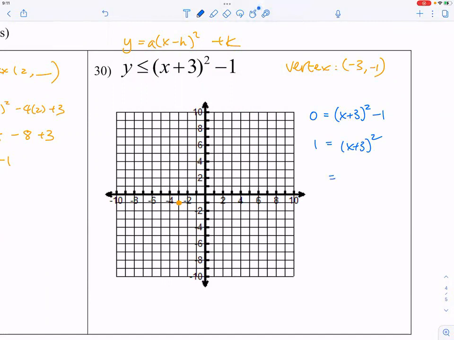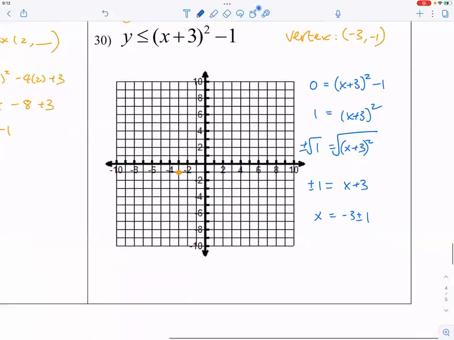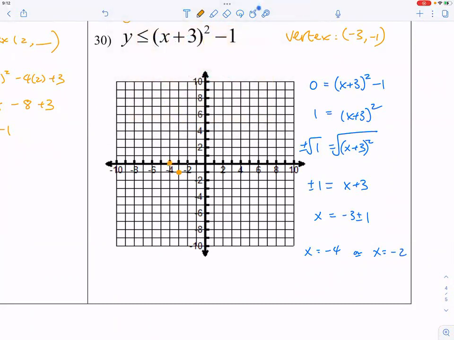And then we do the positive and negative square roots on the number side. And the square root of 1 is still 1. And then we subtract 3. So negative 3 plus or minus 1. So the two numbers are x equals negative 4 or x equals negative 2. So the two x-intercepts are right here. Okay.